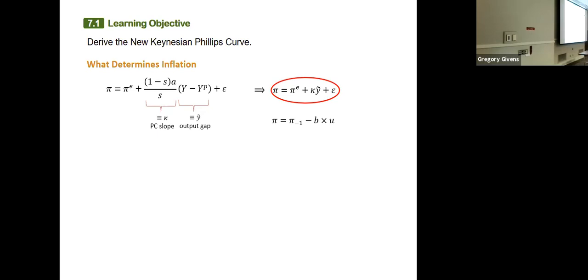So this equation here is much more consistent with an underlying story of firms behaving optimally. This one here doesn't have any kind of microeconomic story that makes any sense at all. Do you have any questions about that so far?